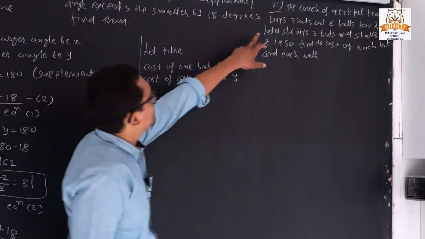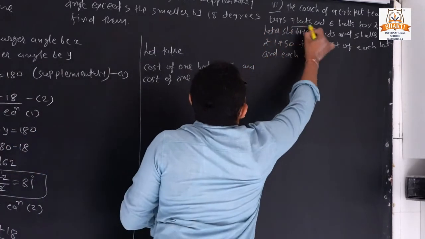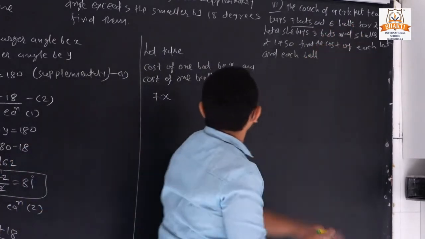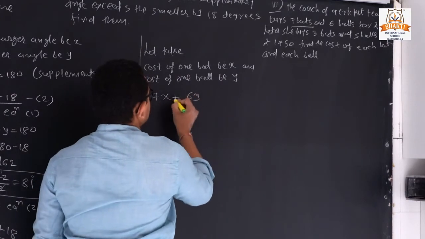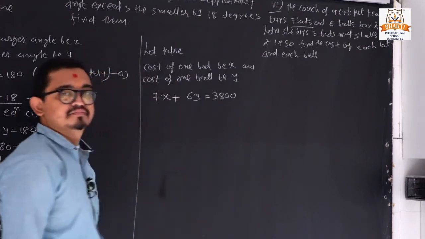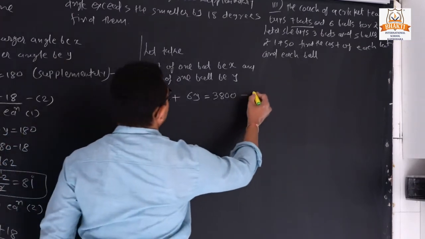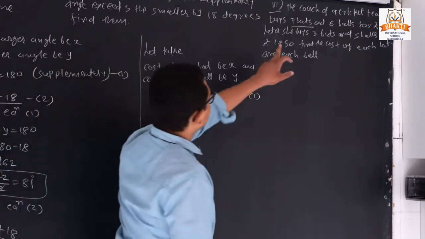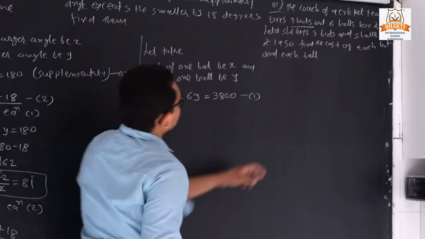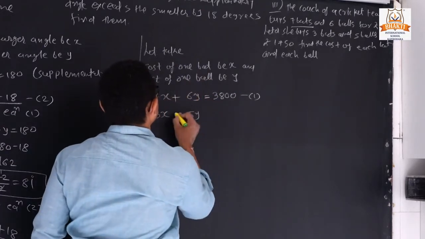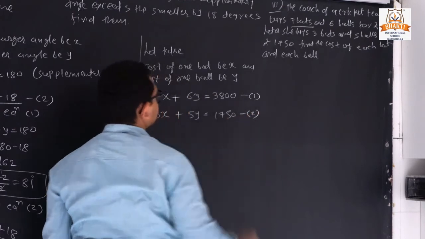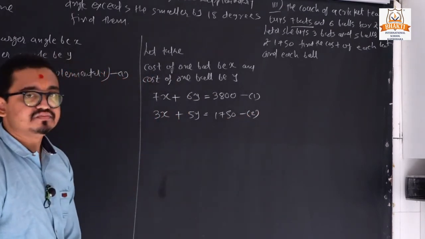So 7 bats, so 7x, and 6 balls, so 6y. The addition of this gives 3,800 rupees. So we can declare it is equation 1. Now second, later she buys 3 bats, so 3x, and 5 balls, so 5y, for 1,750 rupees. We can declare it is equation 2.